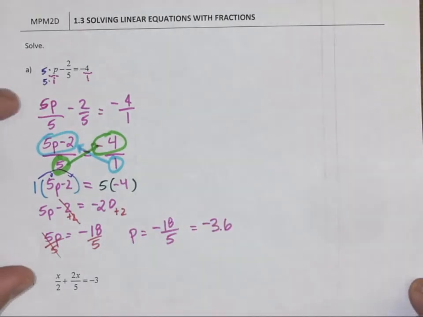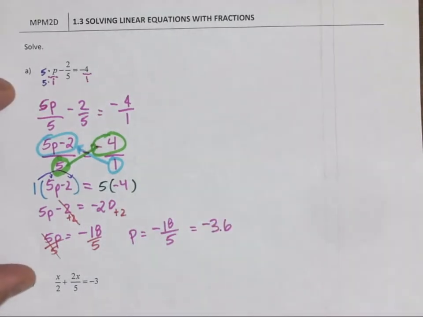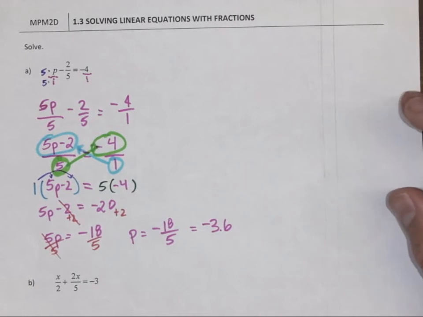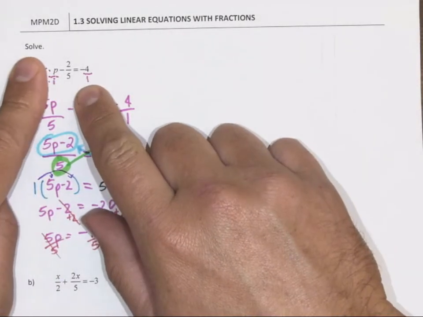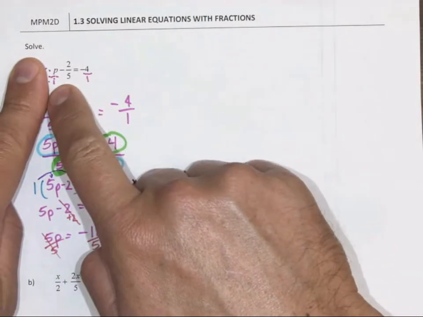Now I'm going to use this one as an example. Depending on how you've been taught, something that you might gravitate to and find somewhat easier, skipping a few steps, is find the common denominator. So if we look at all the fractions in the original question, we have 1, 5, and 1.